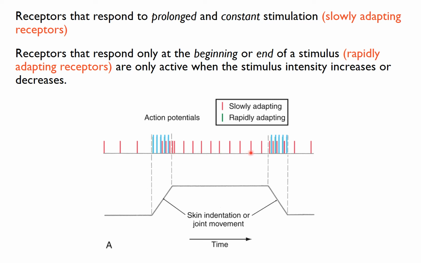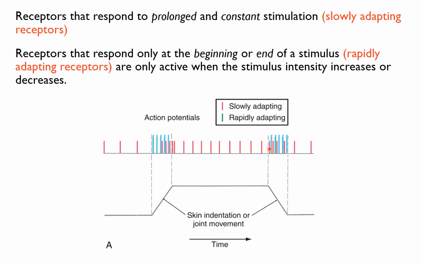Even though the stimulus is still there, even though that finger is still pushing on the arm and the skin is still indented, the rapidly adapting receptor has not responded anymore. In fact, it will not respond until something else changes. In this case, the indentation of the skin withdraws and the intensity of the stimulus decreases, indicating a change.